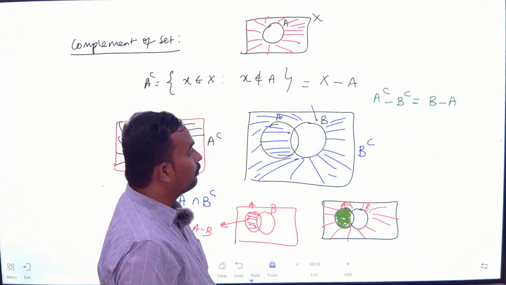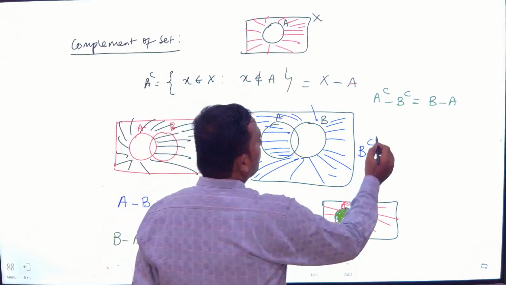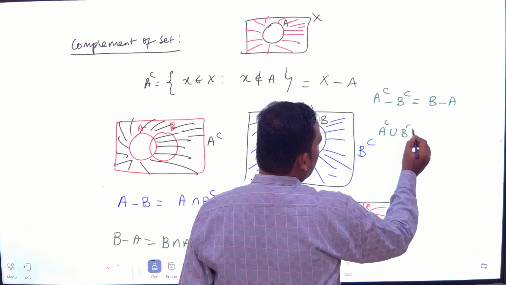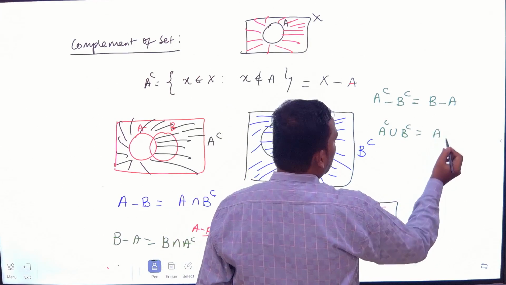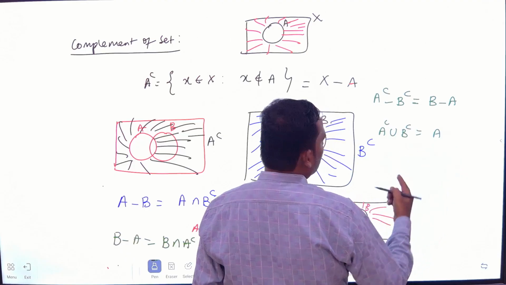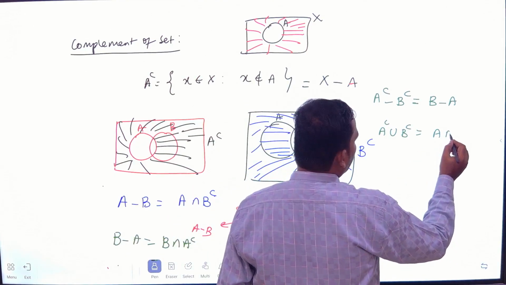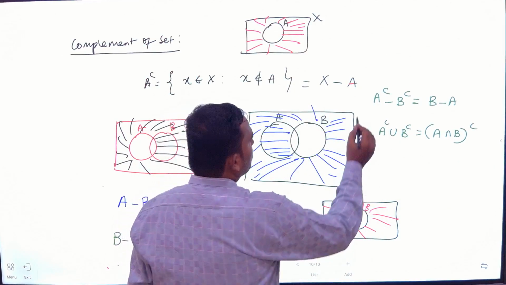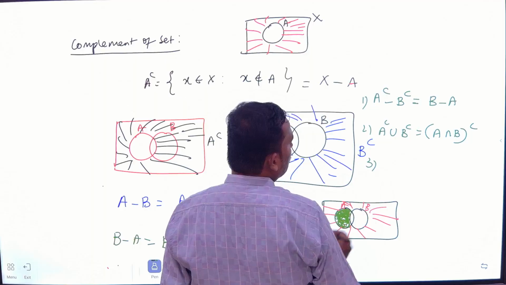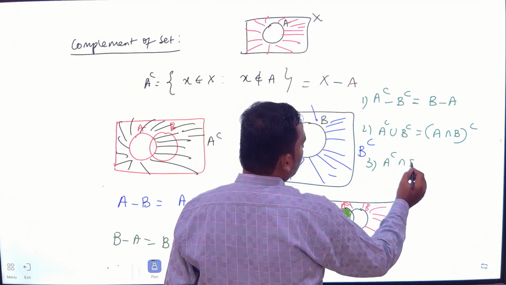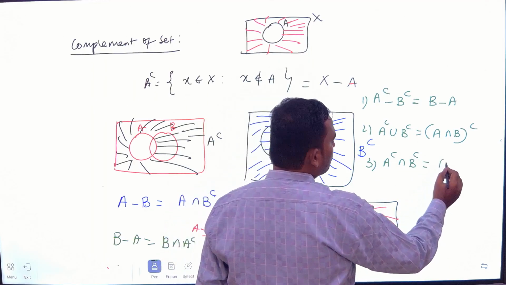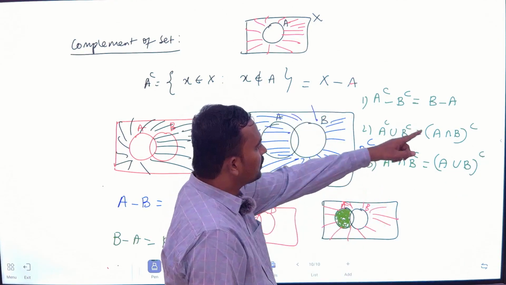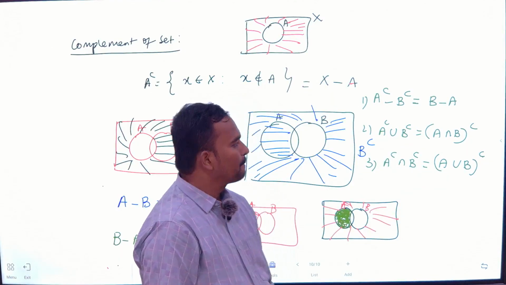A complement union B complement is equivalent to A intersection B whole complement. This is one, this is two. Third one, A complement intersection B complement is the same as A union B whole complement. Here union means intersection, here intersection means union.